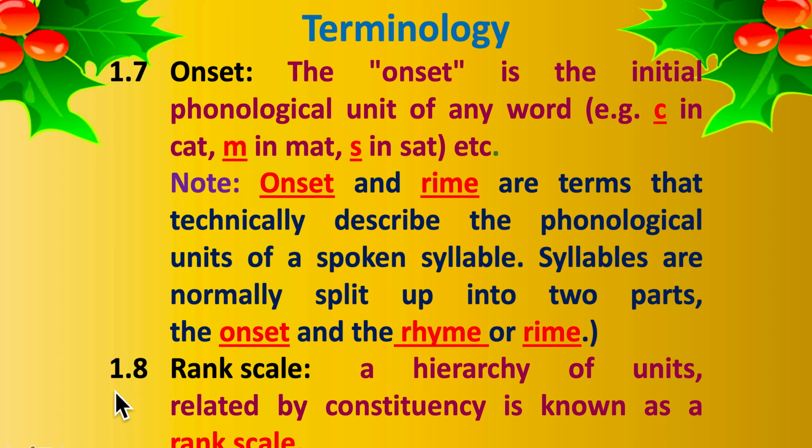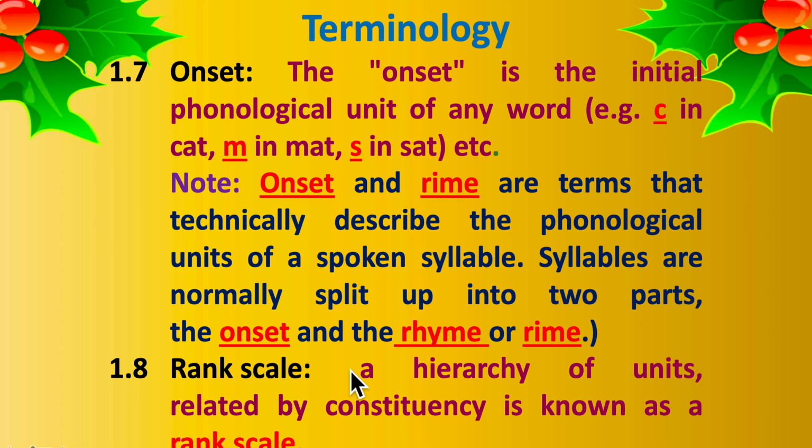Okay, and the last point of our lecture is 1.8 rank scale. A hierarchy of units related by constituency is known as a rank scale. This may not be visible, but this is a rank scale. A hierarchy of units related by constituency is known as a rank scale.